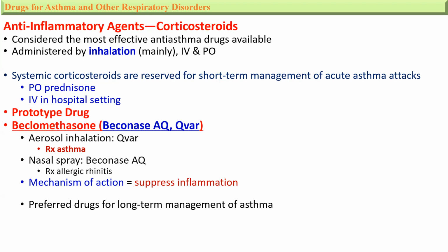The optimum benefit takes about 3 to 4 weeks for QVAR. But again, we said the symptoms will improve within the first or second week, but it may take longer for the maximum effect to be present.